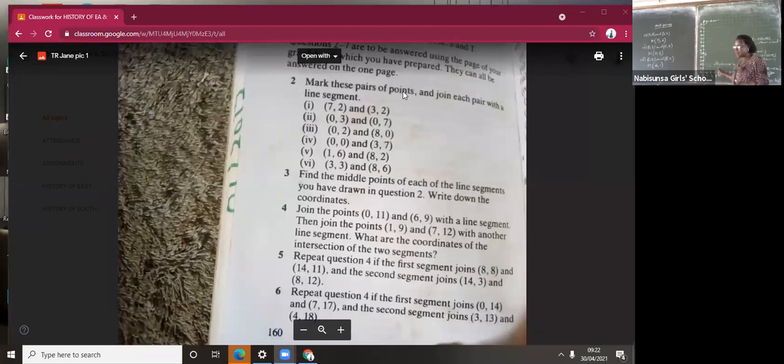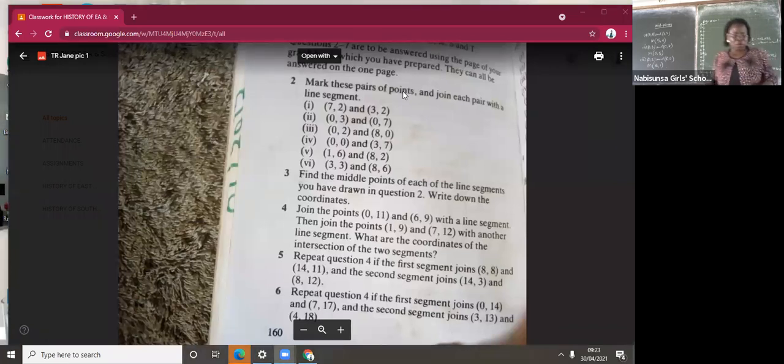Are we getting it, members? Yes, teacher. Thank you. Can we move to Roman 4? Yes. Roman 4, if you had not taken the first one very well, now be very keen to see how you get the midpoint here.